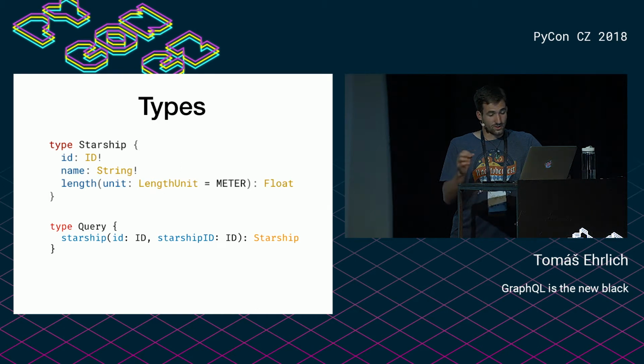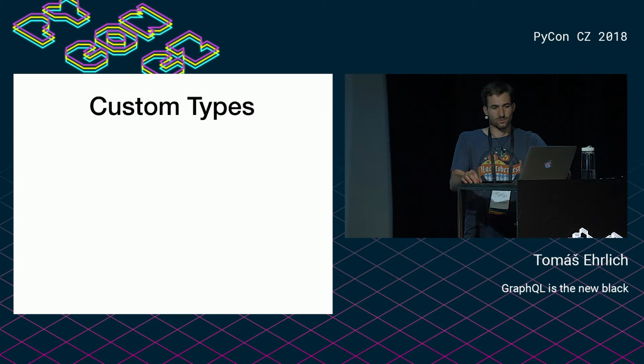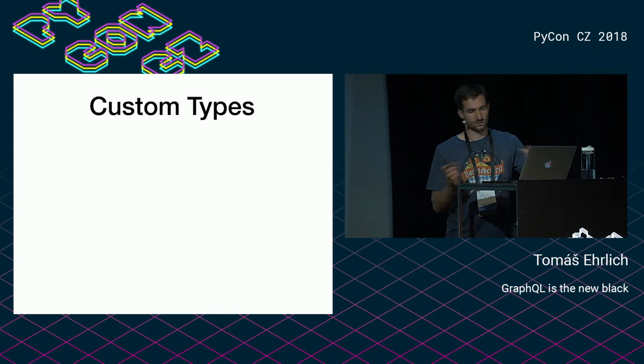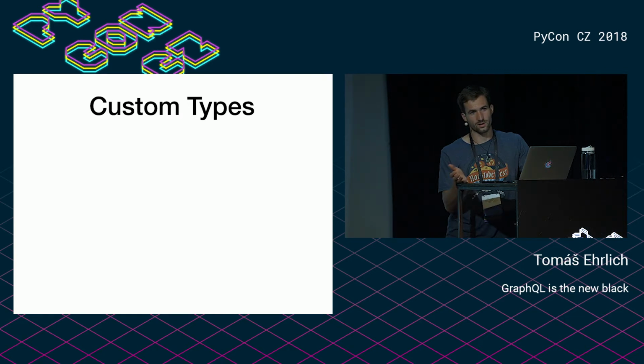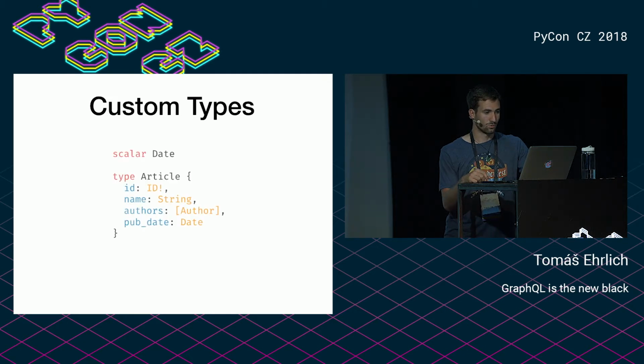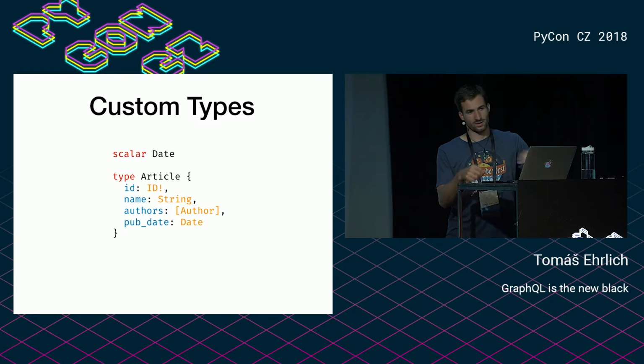And what's actually pretty neat about this type system is that you can create custom types. For example, since the response usually uses JSON, and JSON has only very few built-in types, when you want, for example, to have a date, which is usually serialized to string, in GraphQL you can define a custom type.